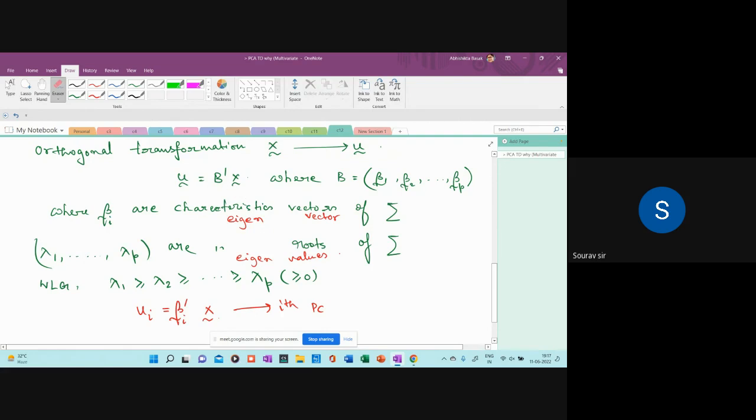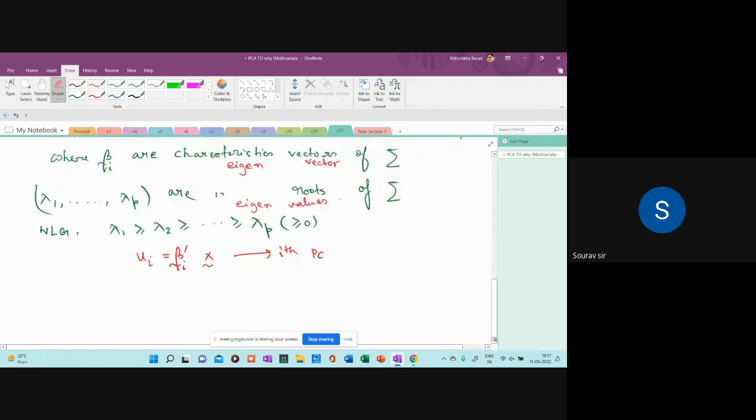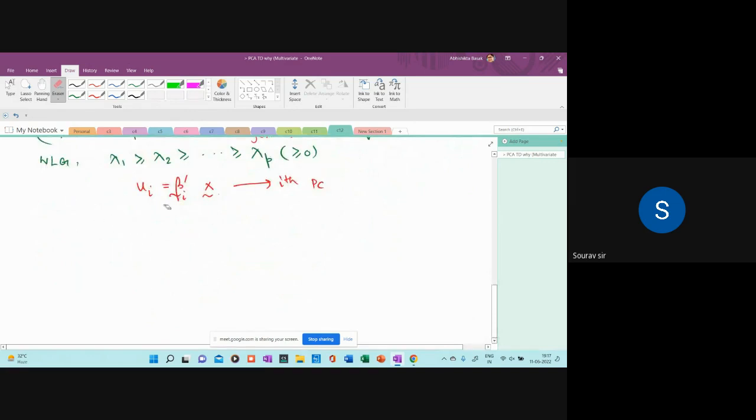Since we are dealing with i running from 1 to p, with p components, as X is of order p cross 1, we are going to get U1, U2, up to Up. So corresponding to X1, X2, up to Xp, after the transformation, we have got this set U1, U2, up to Up.